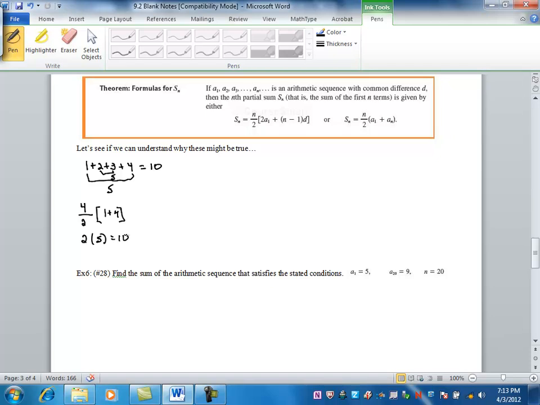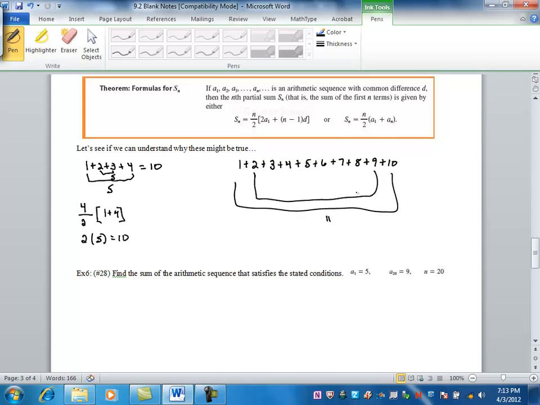Let's expand it just a bit more. 1 plus 2 plus 3 plus 4 plus 5 plus 6 plus 7 plus 8 plus 9 plus 10. Now check this out. 1 and 10, 11. 2 and 9, 11. 3 and 8, 11. 4 and 7, 11. 5 and 6, 11.